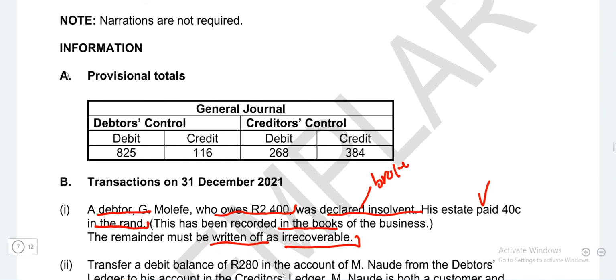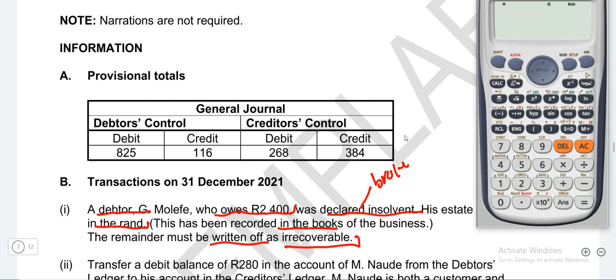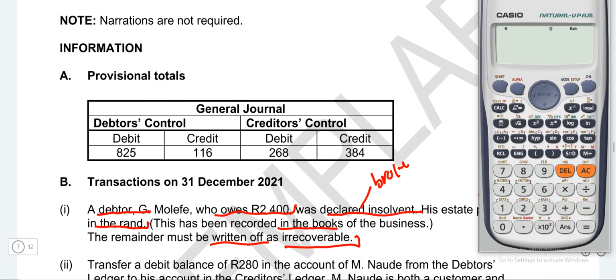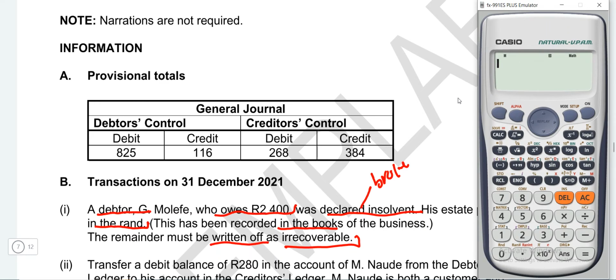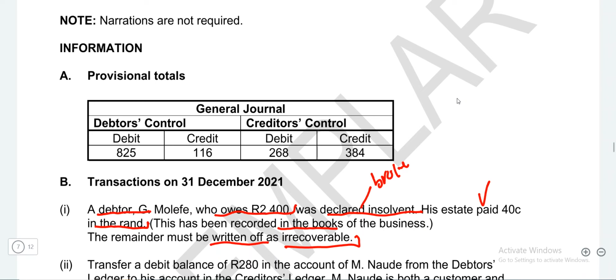And remember, this person was owing us 2,400, so he only managed to pay us 40 cents in the rand. Remember, a rand is 100 cents, so if he paid 40 cents, he could not pay 60 cents.